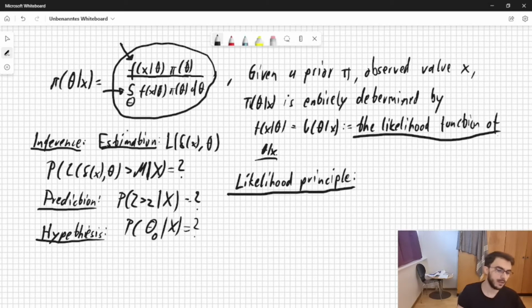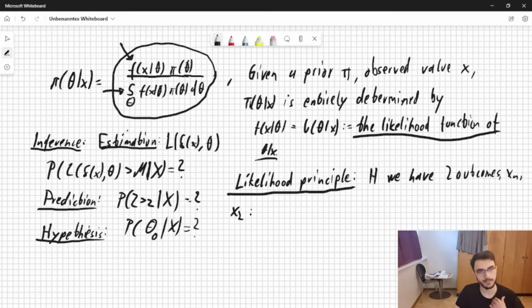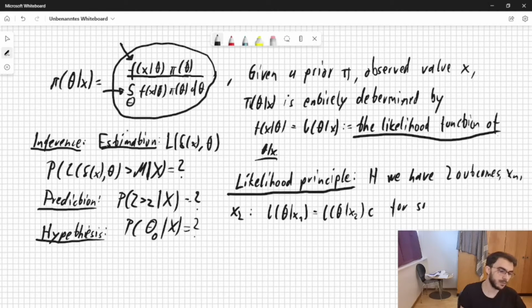So if we have two outcomes, x1 and x2, and they have the same likelihood, or even that the likelihoods are multiples of each other, so there's some c larger than 0 for which one is the multiple of the other.